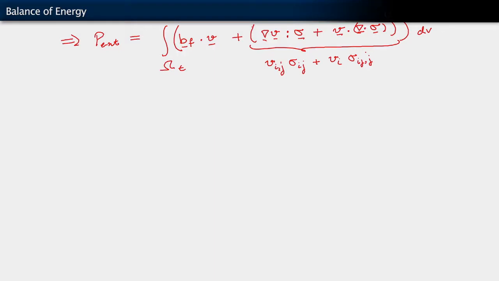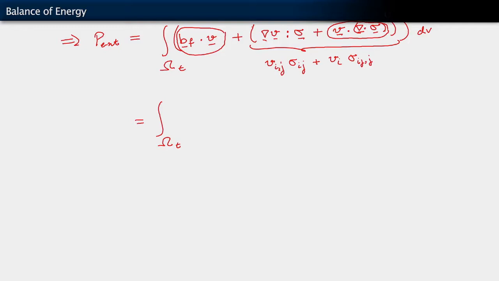All right. So now if we look at this, we observe that we have two terms here that actually are very similar to the balance of linear momentum. In particular, if we look at this term here, we see the body force dotted with V, and here we see the divergence of sigma dotted with V. You'd recall that the only term missing there then is the term V dotted with the material time derivative of the velocity itself, right, times the density.